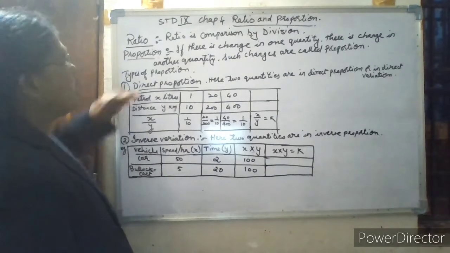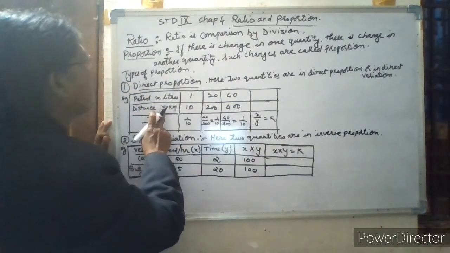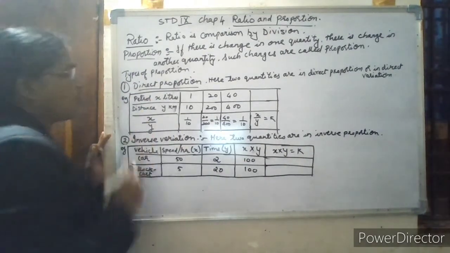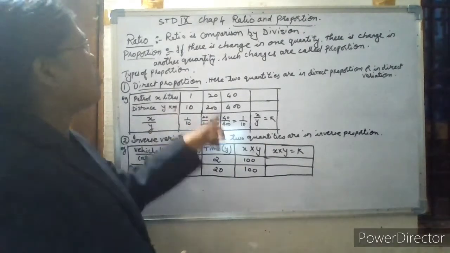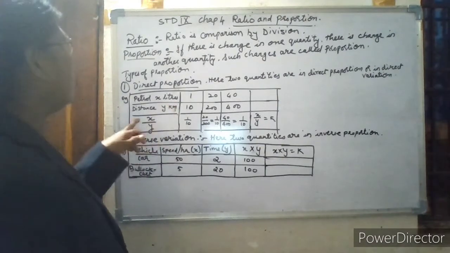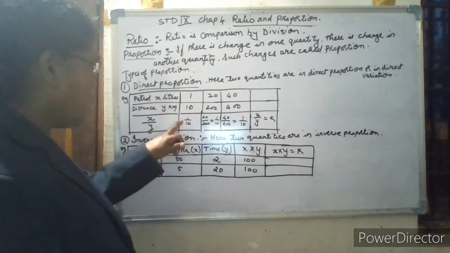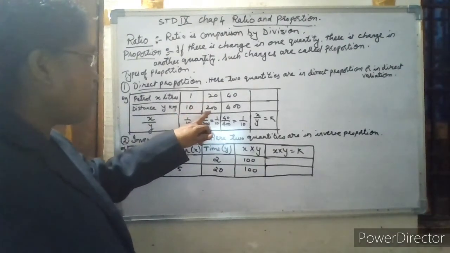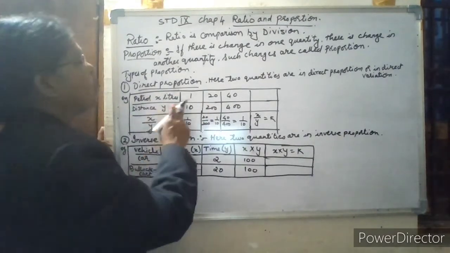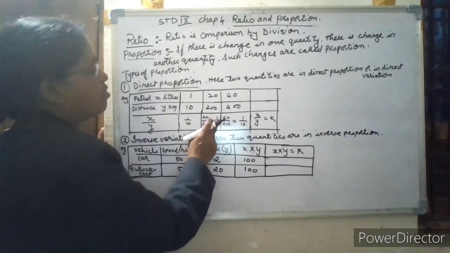So here, these are petrol in liters and the distance in kilometers. These are the two variables here. So X and Y are the two variables. Now in all these examples, you can see X by Y. If we divide these variables, X by Y, 1 divided by 10 is equal to 1 by 10 only. 20 by 200 is equal to 1 by 10 only.